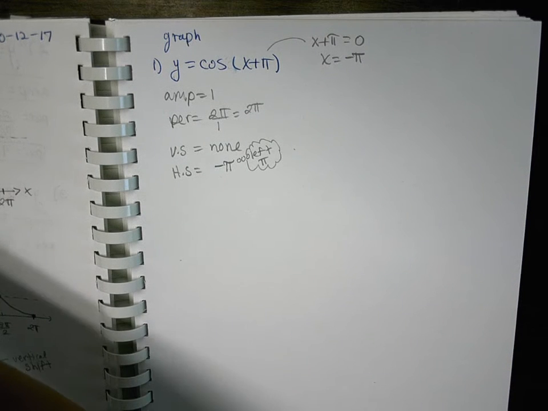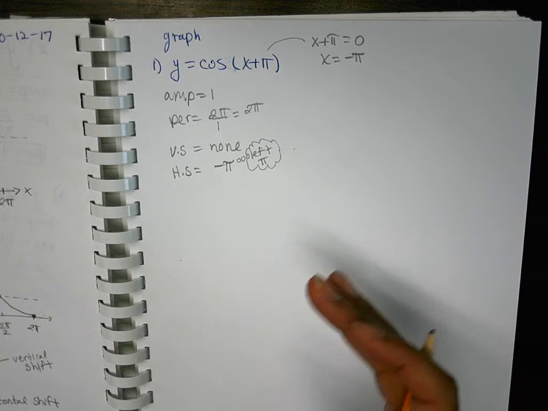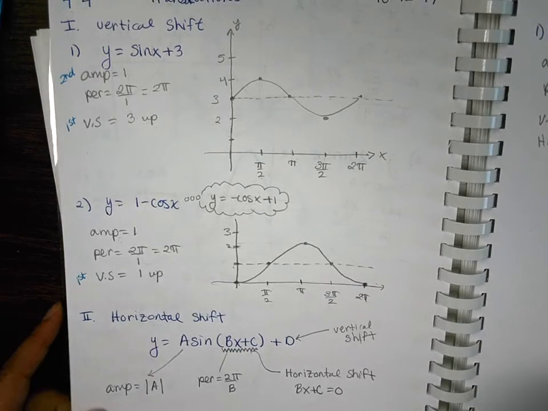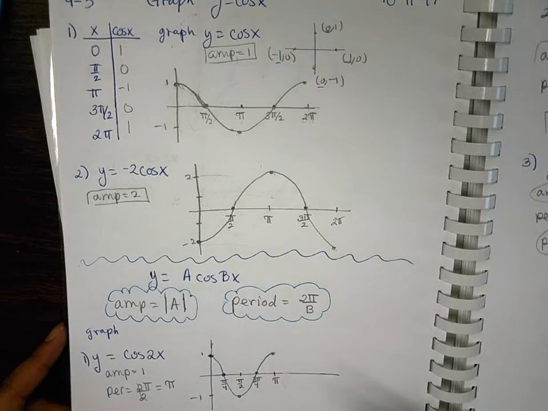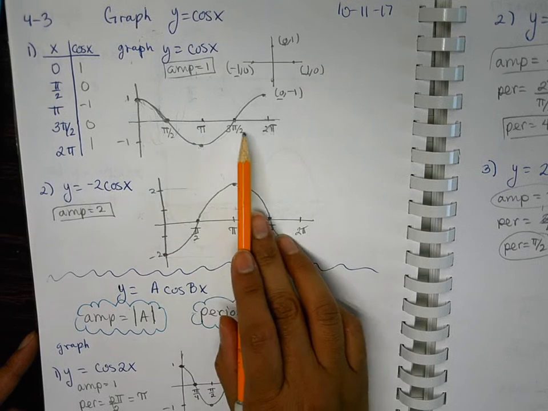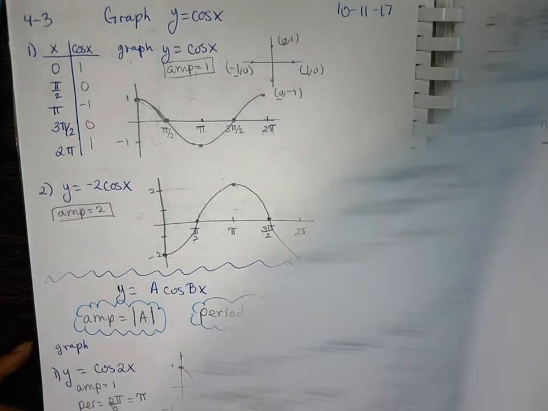All right. So when we have this, there's a start and an end, is the way I teach it. Typically, when we have this without any shifting, where do we always start? And we always end, not just at 2 pi, but depending on what the period is.